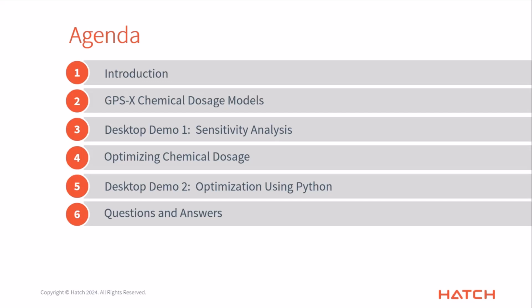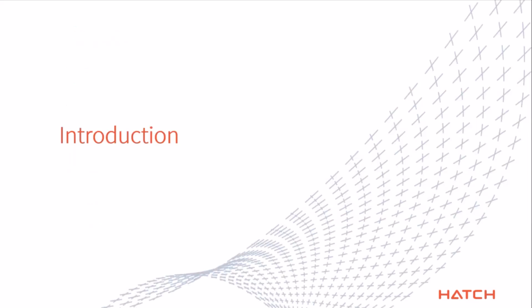And then I'm going to hand it over to Jacob. Jacob is going to talk about how we can use an external optimizer tool in Python to be able to optimize multi-point chemical dosage. And then he also has a desktop simulation that he is going to run live as well. And as I mentioned, we will answer any questions that you have at the end of the webinar.